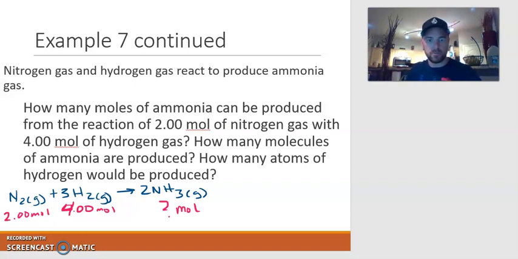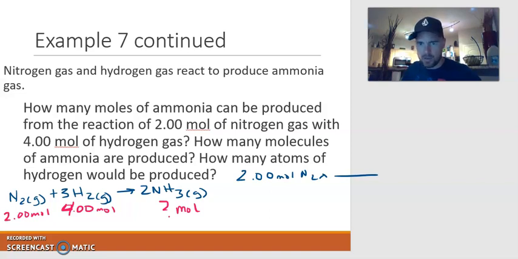First of all, I'm going to ignore the 4 moles of hydrogen. Okay, ignore that. And I'm going to say, all right, if I use up all the nitrogen, how much ammonia can I produce? So first step, convert to moles. It's already in moles. So second step is take that number of moles and use your mole ratio to convert to what the problem's asking you about.